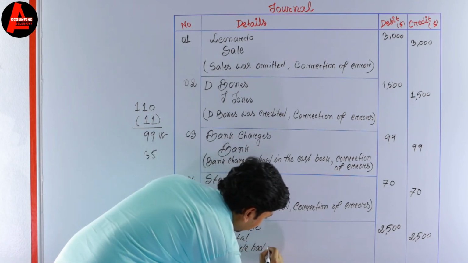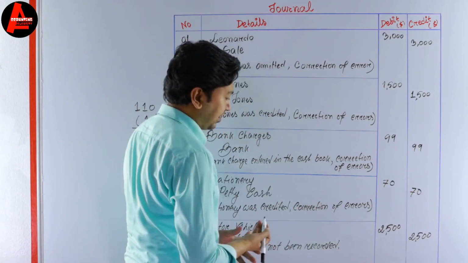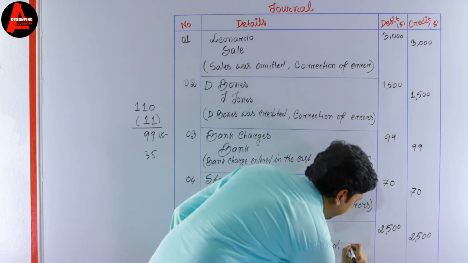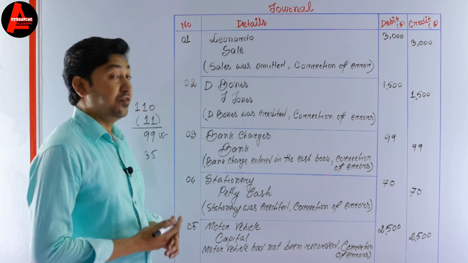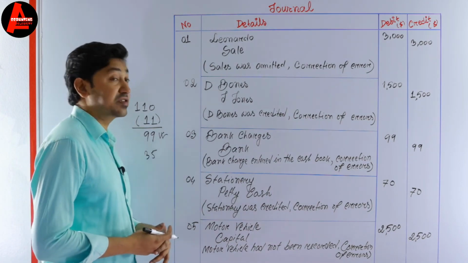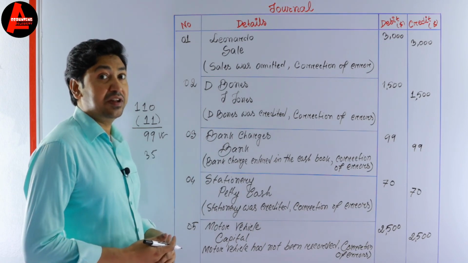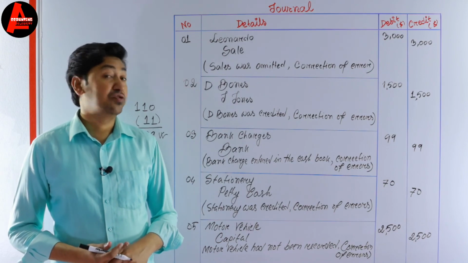Then we'll write here correction of errors. So very good, we finished all these 5. So this is how you have to rectify the errors and write the narrative. It is a requirement in the question to write the narrative.